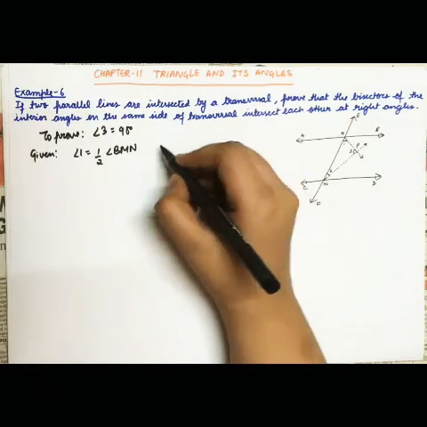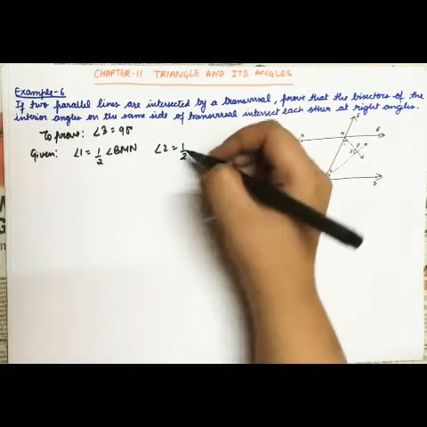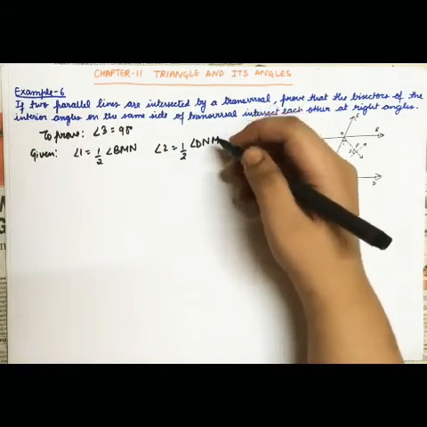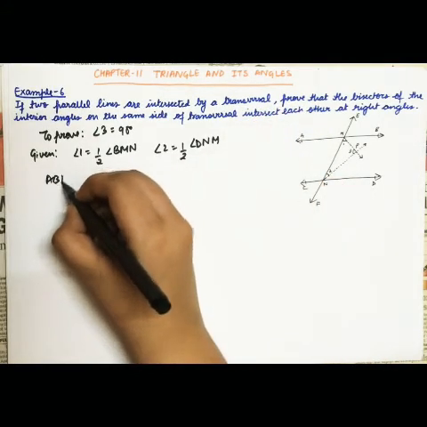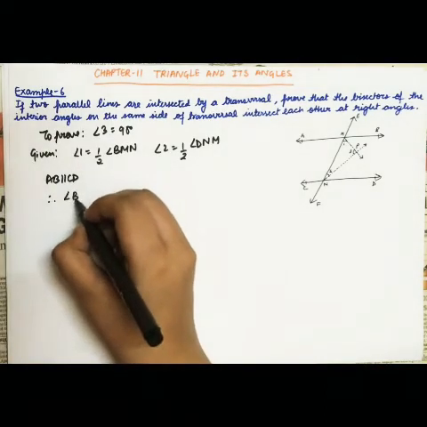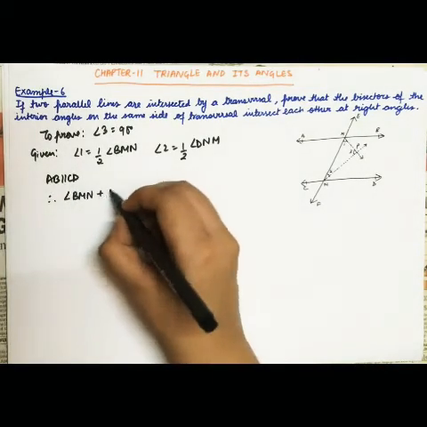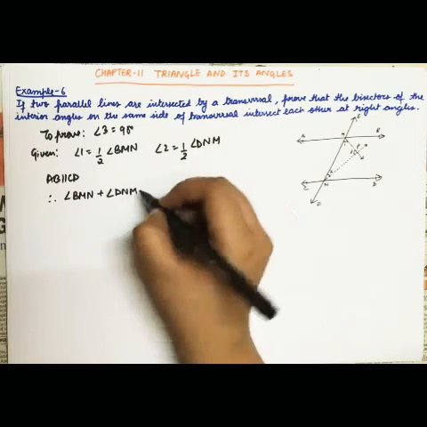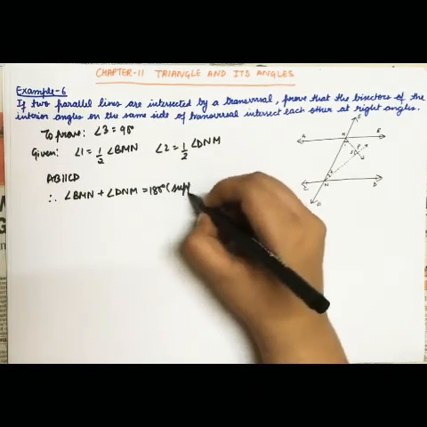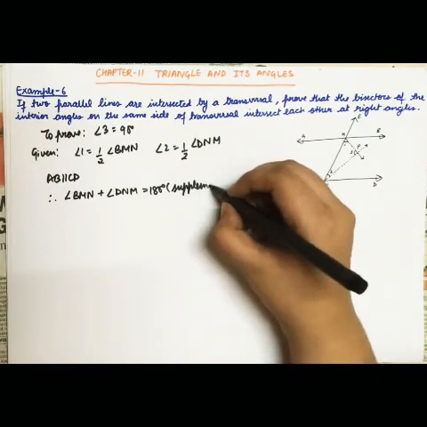Similarly, angle 2 is equal to half of angle DNM. Now AB is parallel to CD. Therefore, angle BMN plus angle DNM is equal to 180 degrees. Why? Because of supplementary angles on the same side of the transversal.